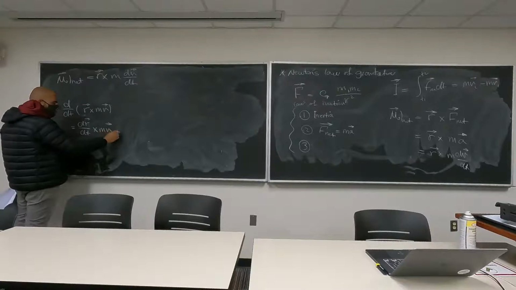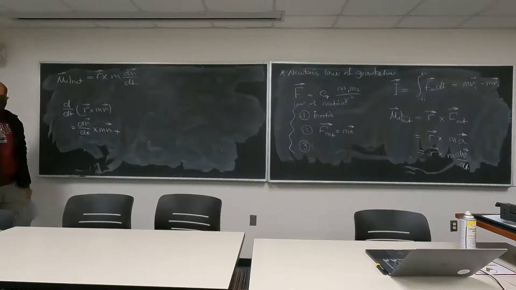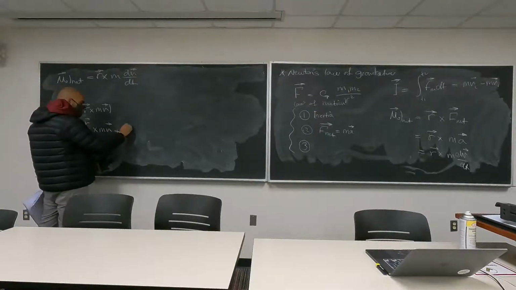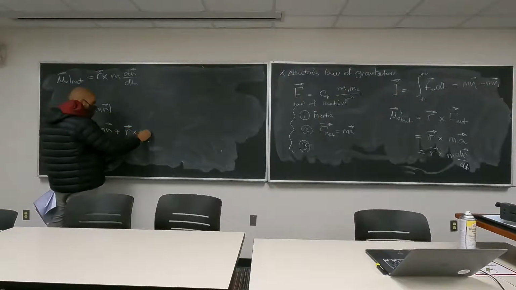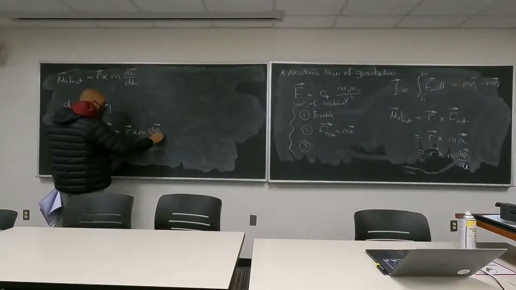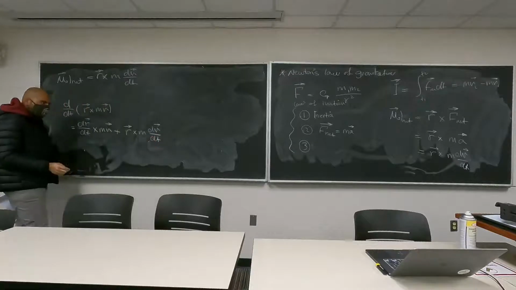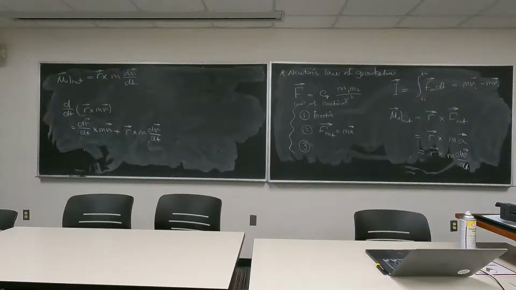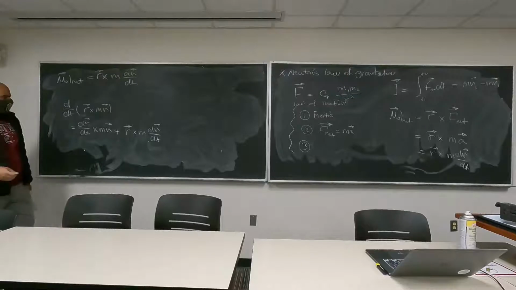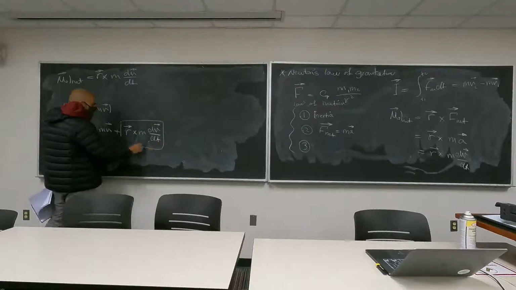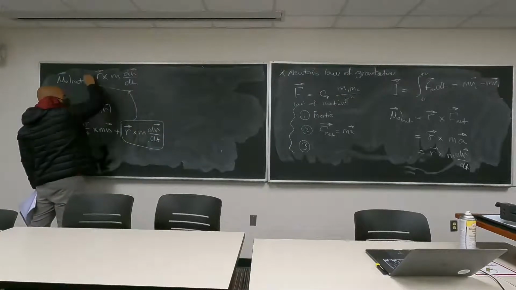Okay. Plus. Is this correct? Yes. So that's d dt of A multiplied by B. That's it, essentially. Okay. This is the same as what we already have here.